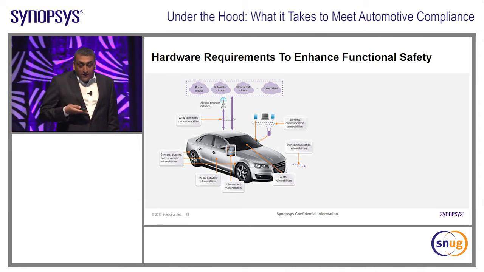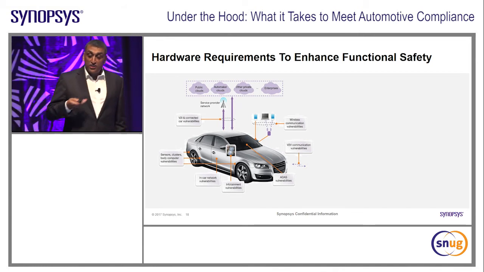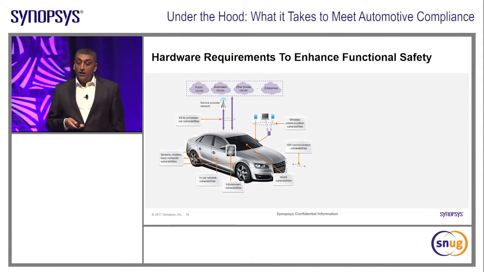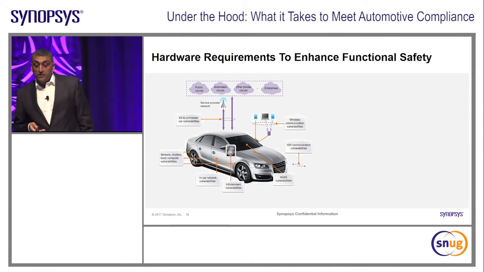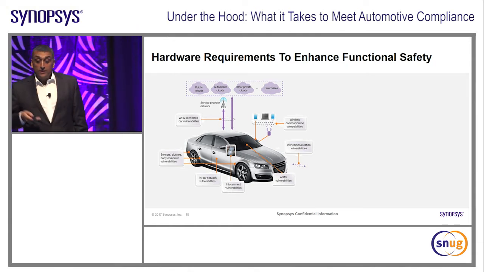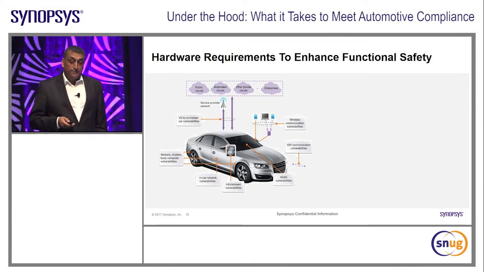And these are verification techniques that almost get into the realm of formal verification. Things like assertions, properties, and then going into hardware and software validation. So you can even apply formal methods to go and enhance your functional safety requirements for digital IP.